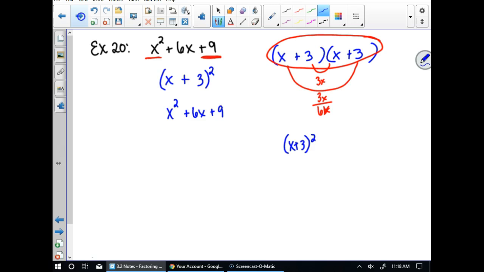Okay, on the grouping worksheet, 1 through 15, odd.